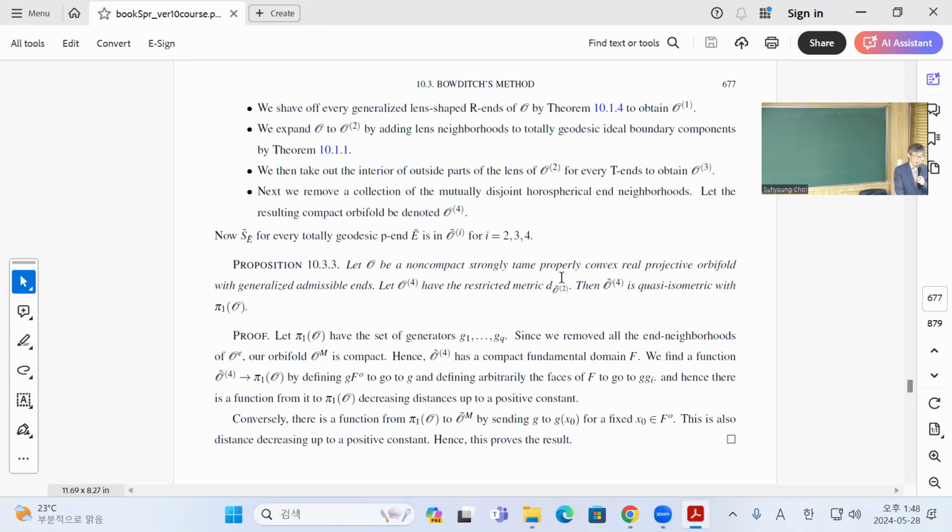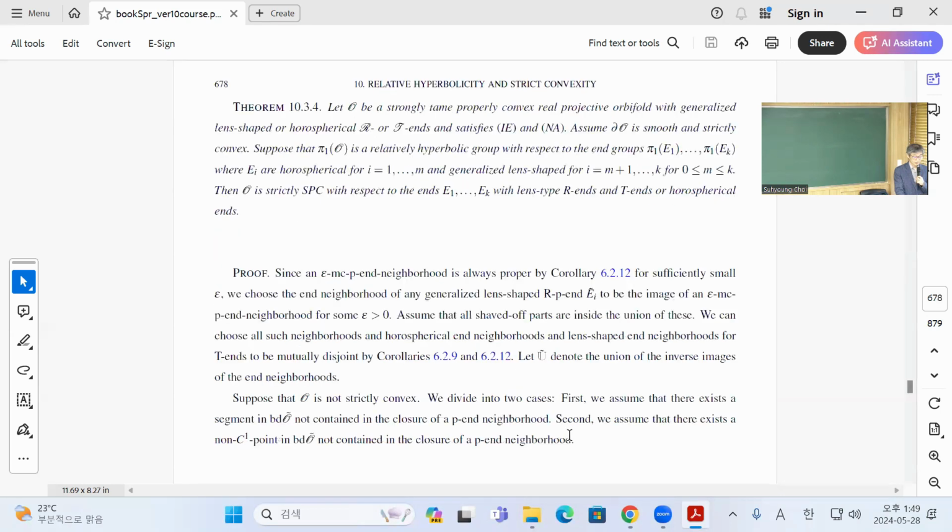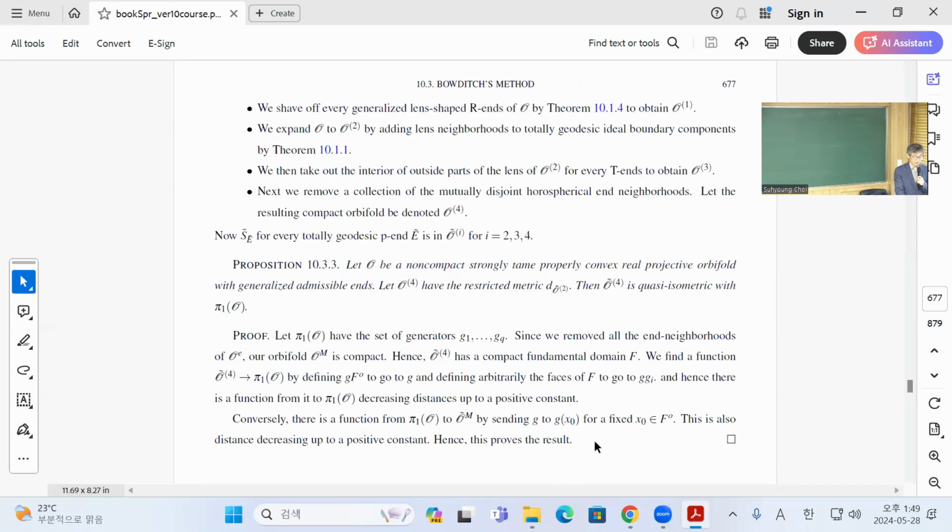So then this O_4 is actually quasi-isometric with the fundamental group itself. That's because once you do this kind of thing, you realize the quotient will be a compact orbifold, so it has a compact fundamental domain and so on. So by the fact that it has a compact fundamental domain, you can get the estimate for this quasi-isometry.